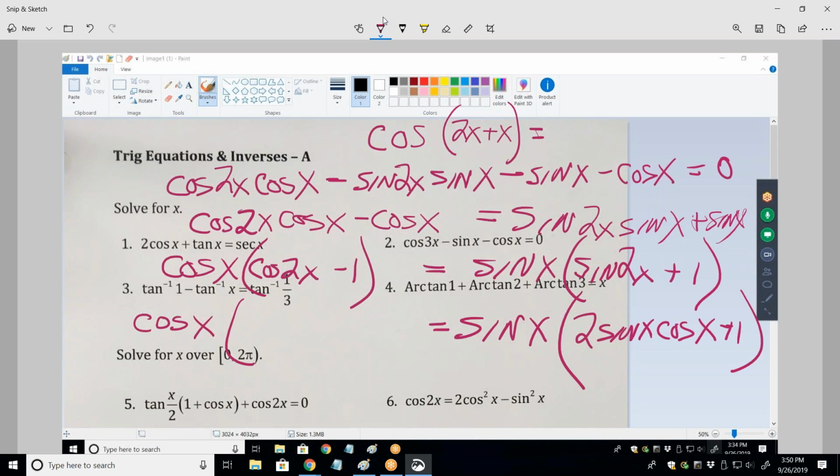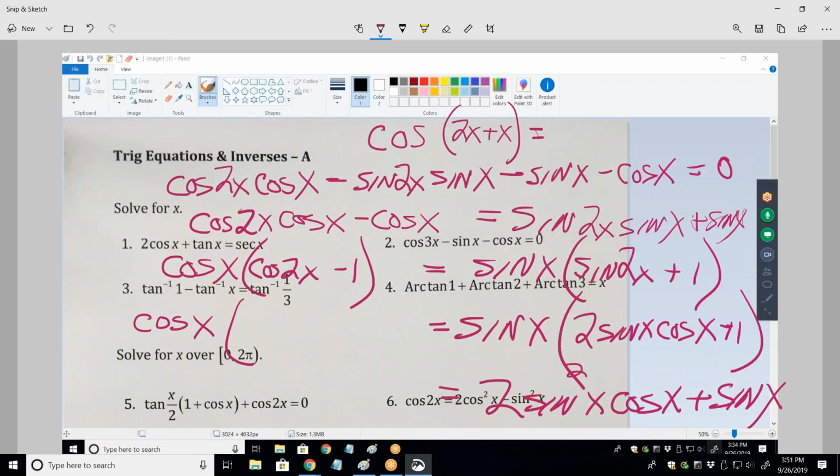Now we're going to end up with a sine squared. So the right side's going to go to 2 sine squared of x cosine of x plus sine of x, right? Yes.